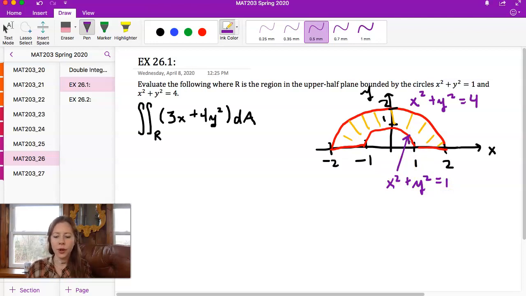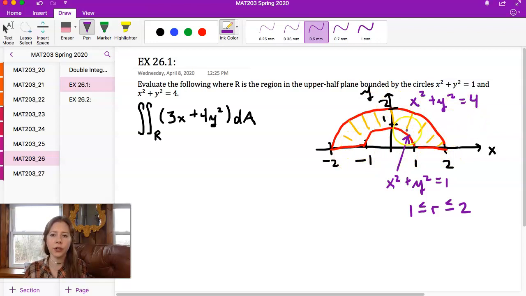Okay, so some things to take note on. So it's clear that our radius in this case is going to go between 1 and 2. The other piece to think about is our theta.